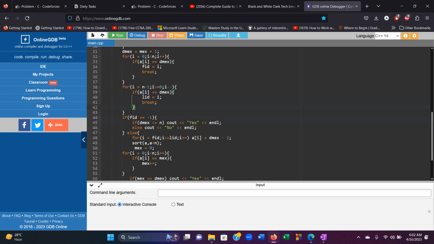And one additional case here is what if the number m plus 1 does not exist in the existing array? Then you have to take one thing into account: you have to check whether that m plus 1th index is less than or equal to the total length of the array. Because if it's greater than the length, then the MEX would never give us a value more than n.